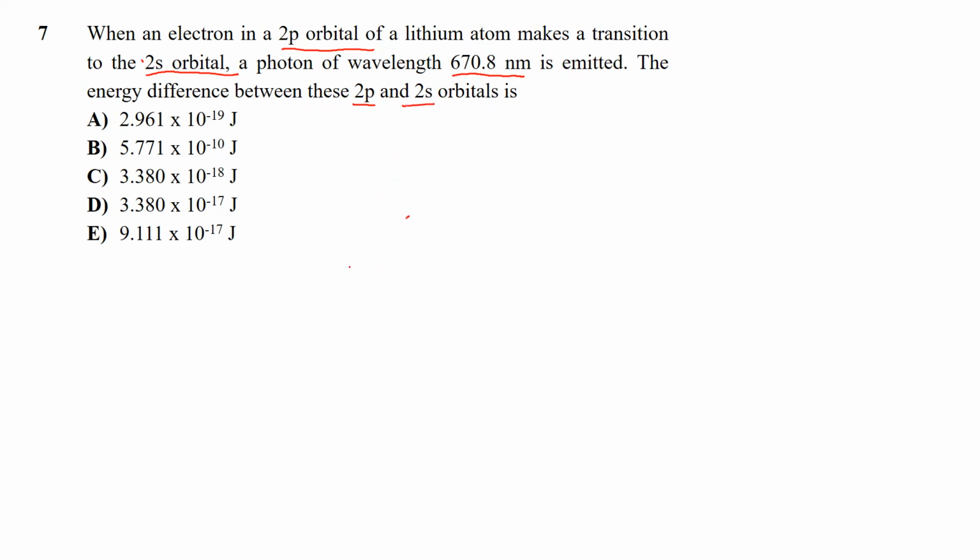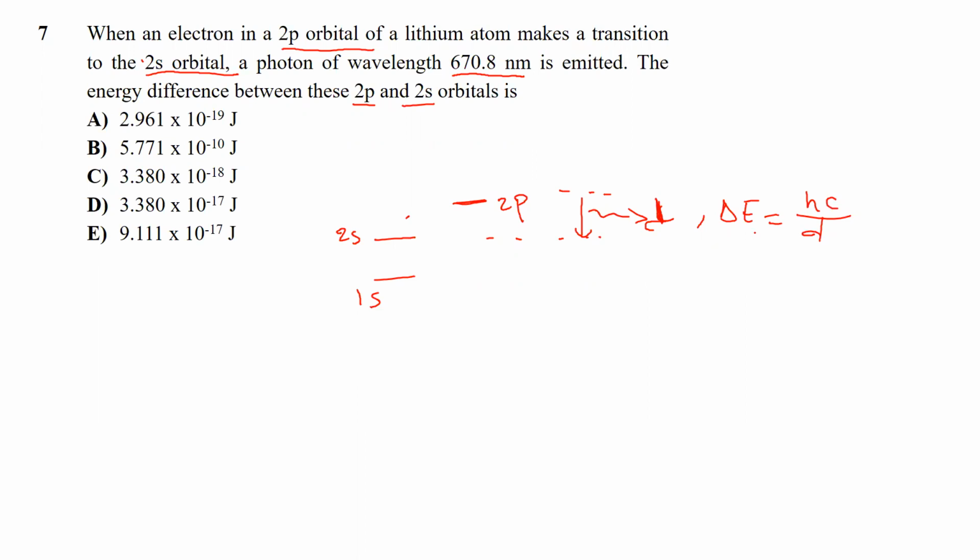So I have here, if you remember, 1s, 2s, 2p will be somewhere here. And I have emission from this level, so 2p to 2s here. I will have a photon that is emitted corresponding to delta E equal to hc over lambda.